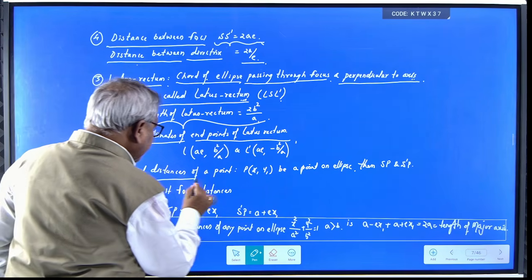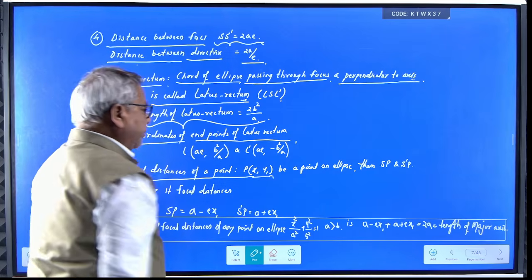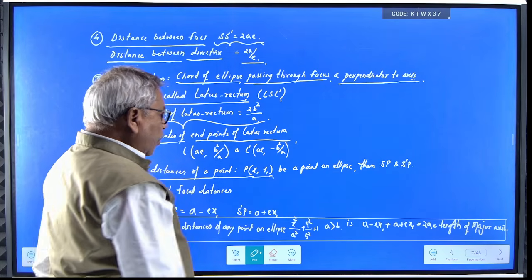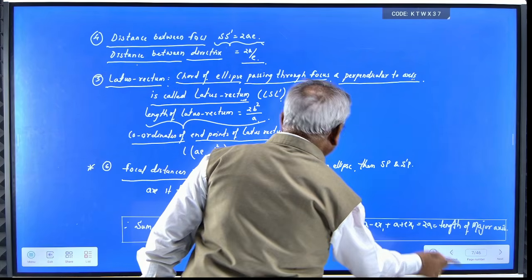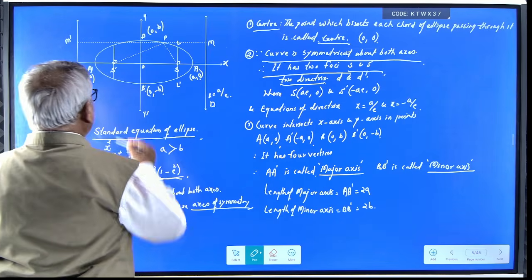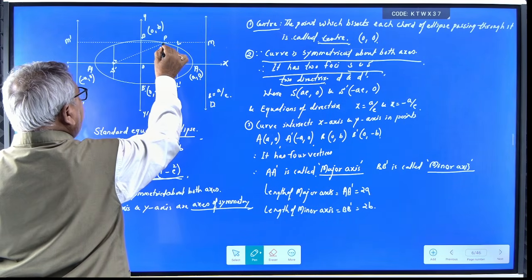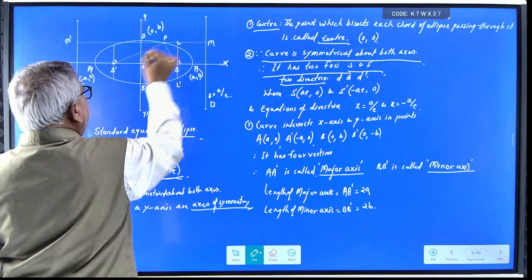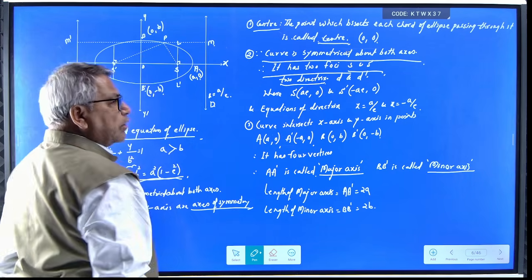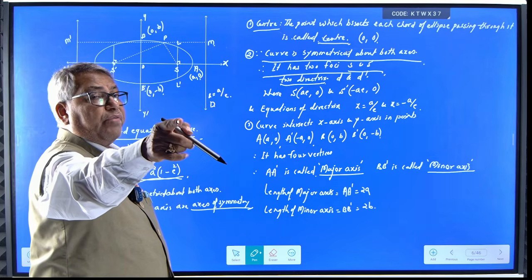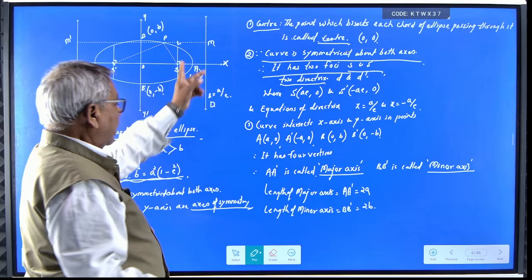Now the focal distances of any point P (x1, y1). Observe the figure here. There are two focal distances. If P is any point on the ellipse, SP and S dash P are the two focal distances for every point on the ellipse.